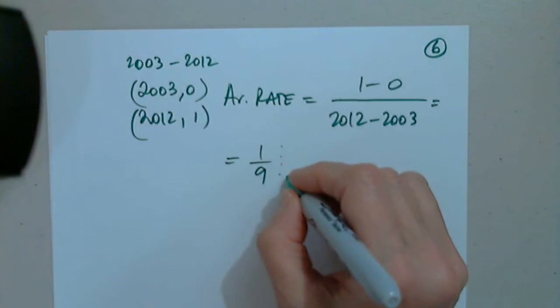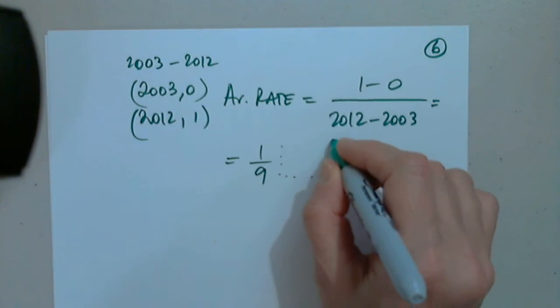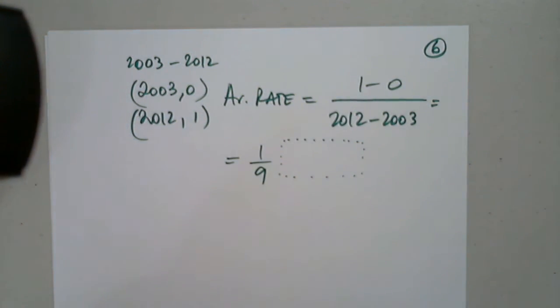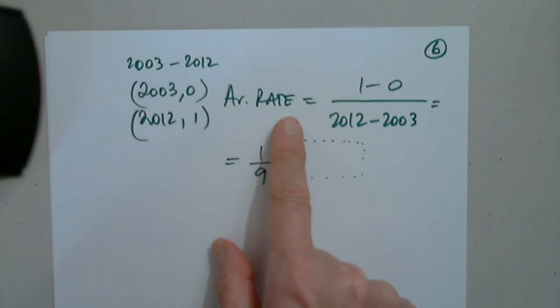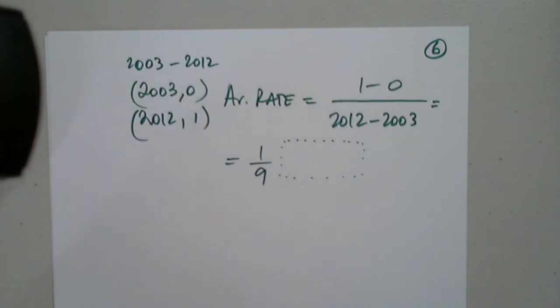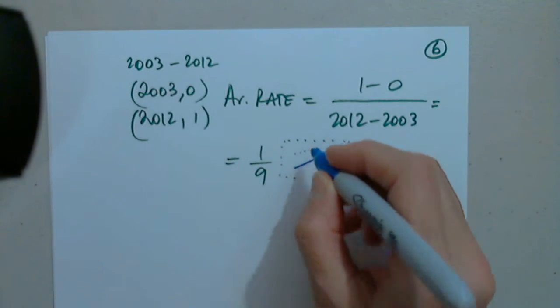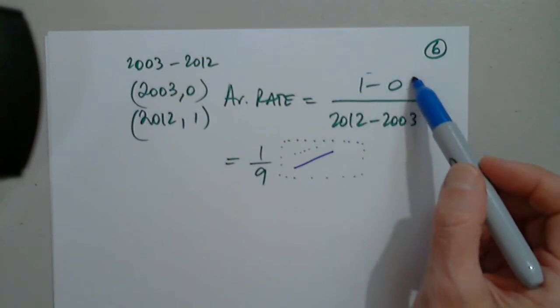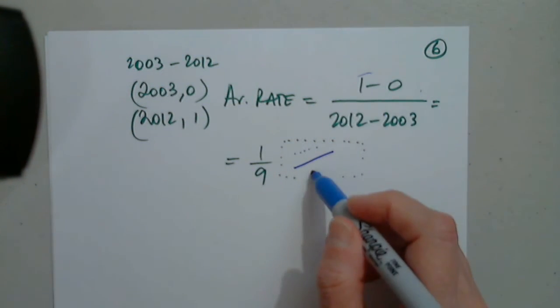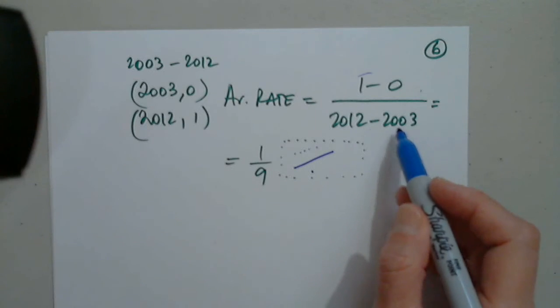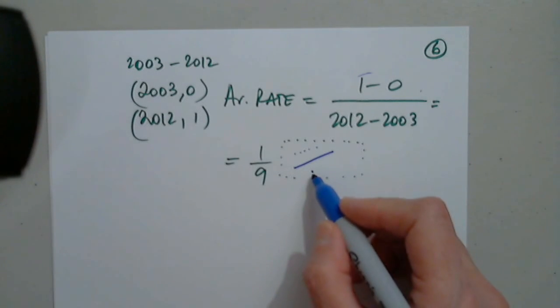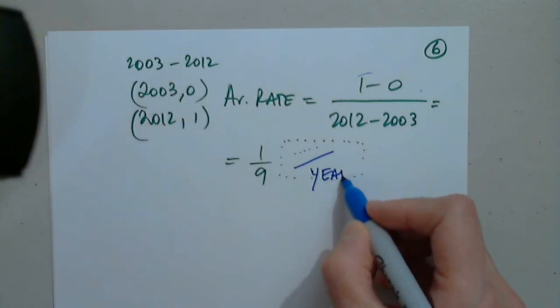If I do not write the measurement unit here, I will not get full credit. The measurement unit for any rate of change, like the slope, like the average rate of change, like the difference quotient, has to consist of one measurement unit coming from the numerator and another measurement unit coming from the denominator. I already know that the denominator is in years, so I have to write year.